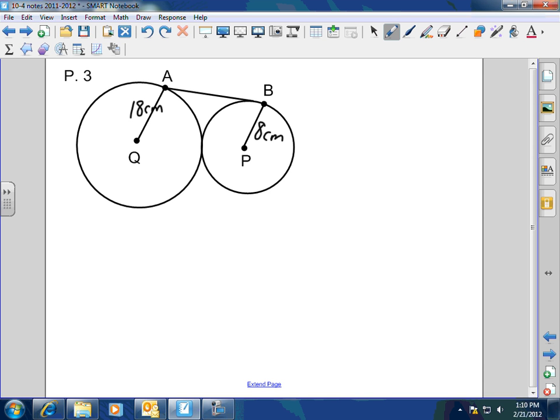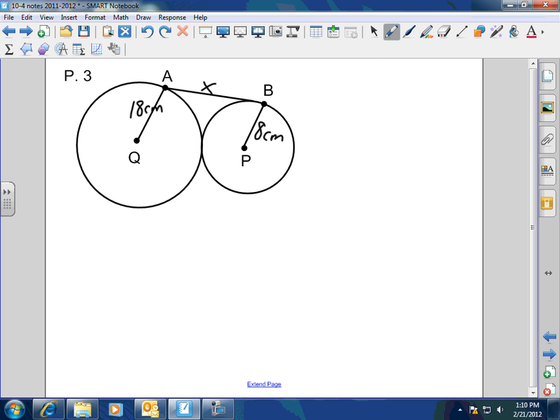They want to find the length of the common tangent. So they want to find the length of AB. Now, this is very simple if we remember some of our core knowledge. Let's make this easy for you guys.